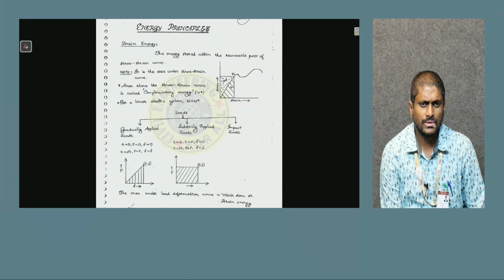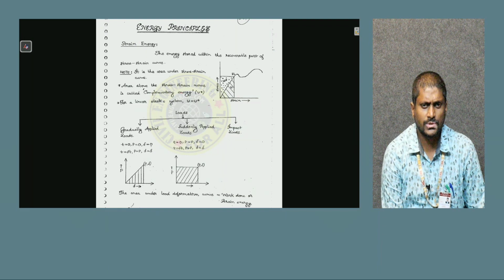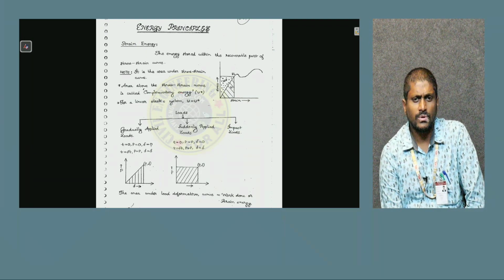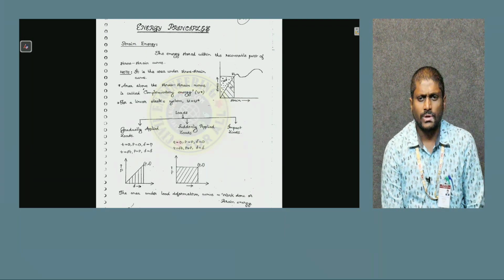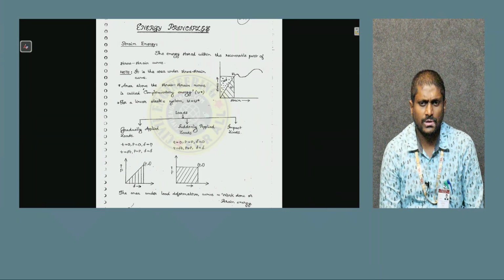Then when you have a gradually applied load and draw the P versus delta diagram, it goes up gradually, and that triangle portion we can consider as the work done. The area under the load deformation curve is nothing but the work done or strain energy.